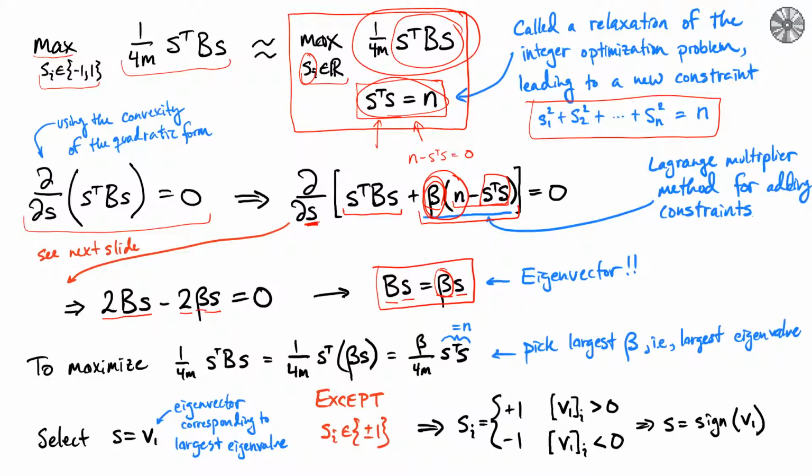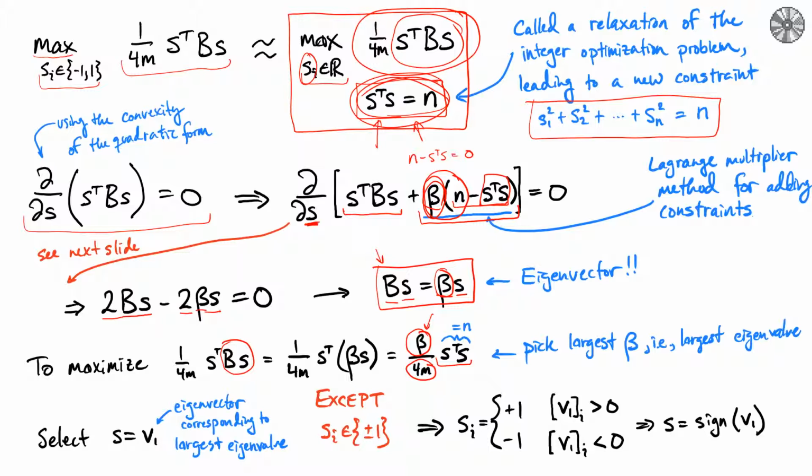And so if we want to maximize this quantity, 1 over 4m times S transpose BS, we can plug in the fact that we know that S is an eigenvector of B. And if we do that, then this quantity B times S, because of this exact relation, we can replace with beta times S. And so that gives us the expression, this beta comes out, this 4m is a constant, and then we have S transpose S, which by virtue of this constraint is essentially going to be n. And so that's also a known value.